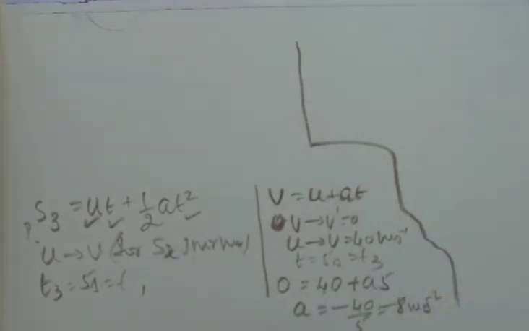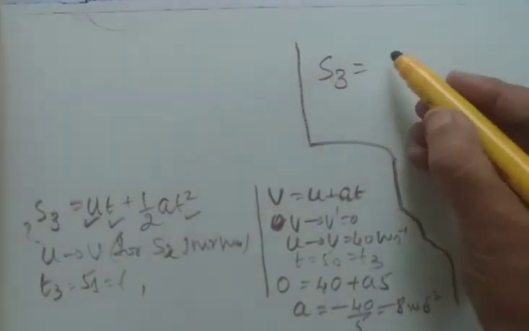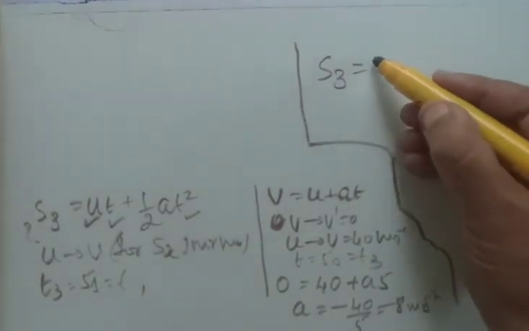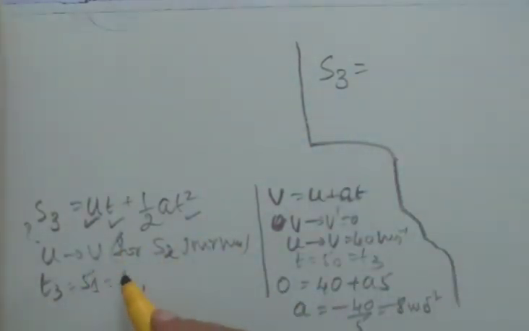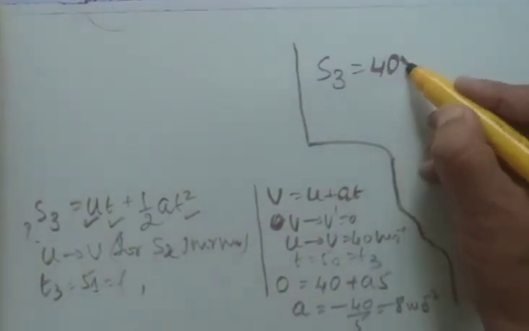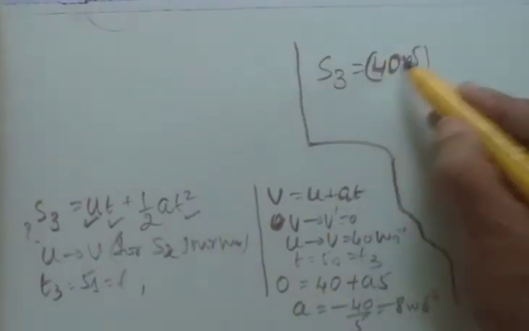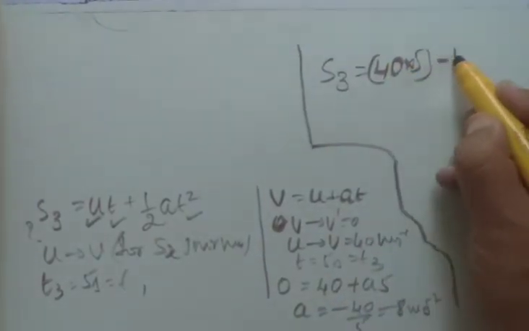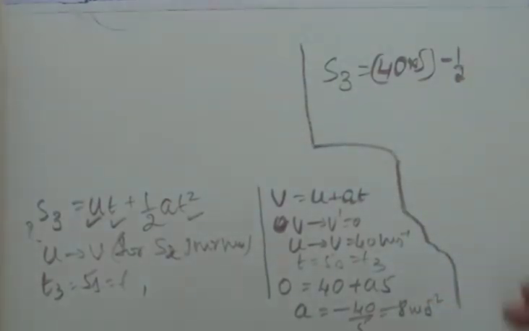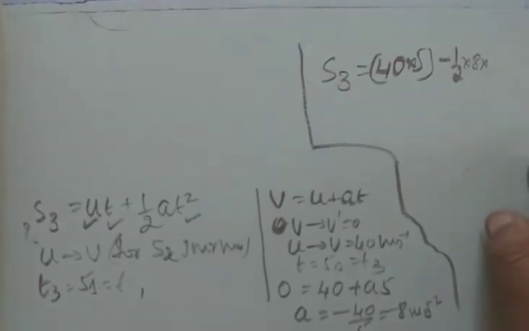We know A, so S3 is ut minus half at square, because A is negative. U is V, V is 40. Therefore 40 into T, time for that is 5 seconds, minus half, because A is minus there, half into 8 into T square.